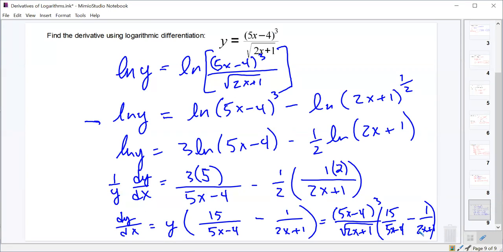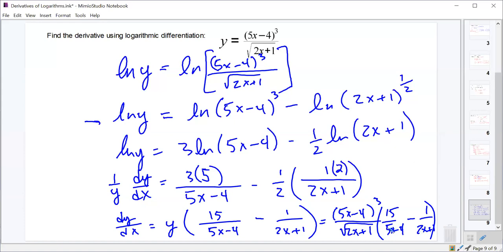Can you review how you went from 3 times natural log of 5x minus 4 minus 1/2 times the natural log of 2x plus 1 into the next step? Like where 5x minus 4 was now the denominator. How did you get there?